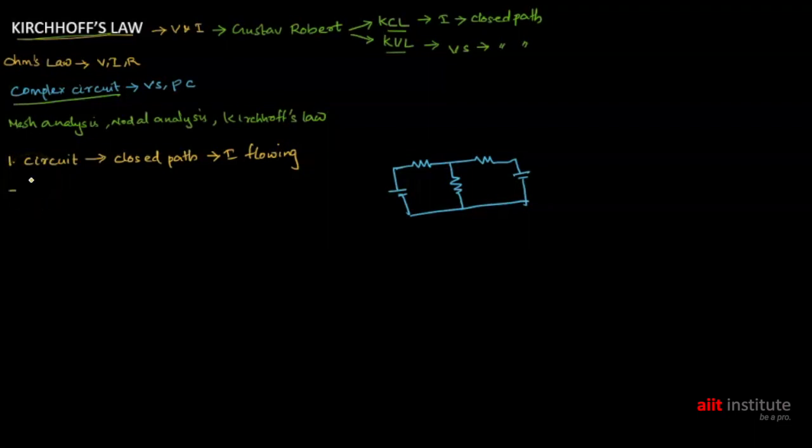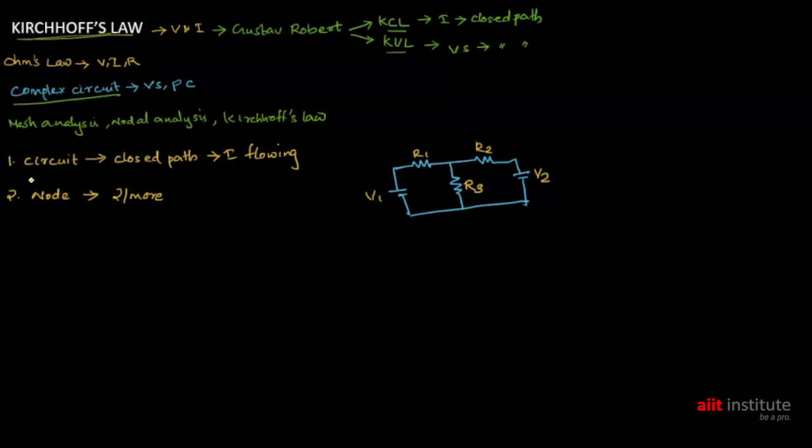The second one is node. A node is a point in a circuit where two or more circuit elements meet or are connected. So in this circuit, I am going to name the voltage sources V1 and V2, and the resistors R1, R2, R3 respectively.